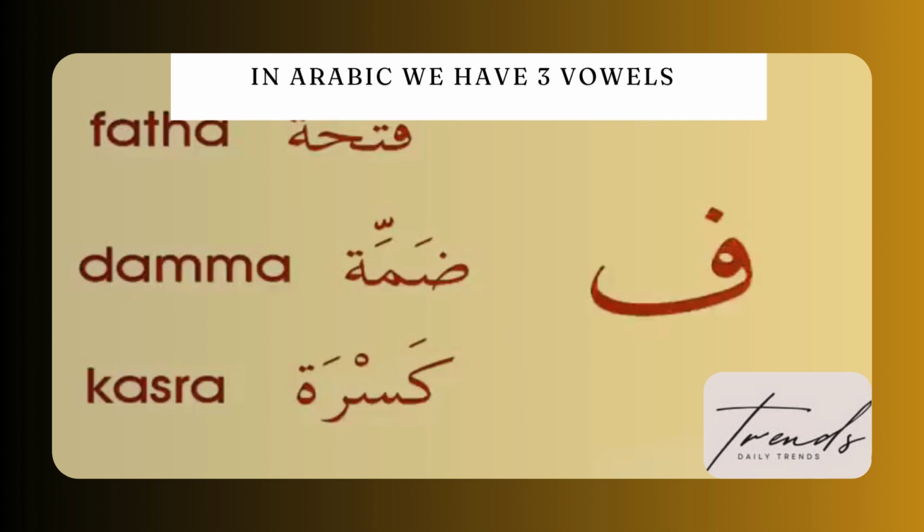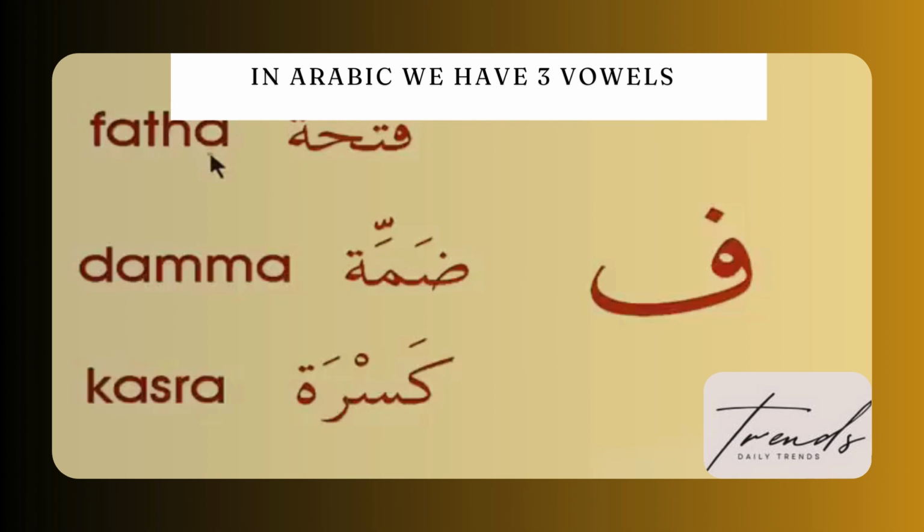So in front of us we have the letter Fa, and when we add vowels in Arabic, it's different to English. We don't add them after the letter. We add it on top of the letter.